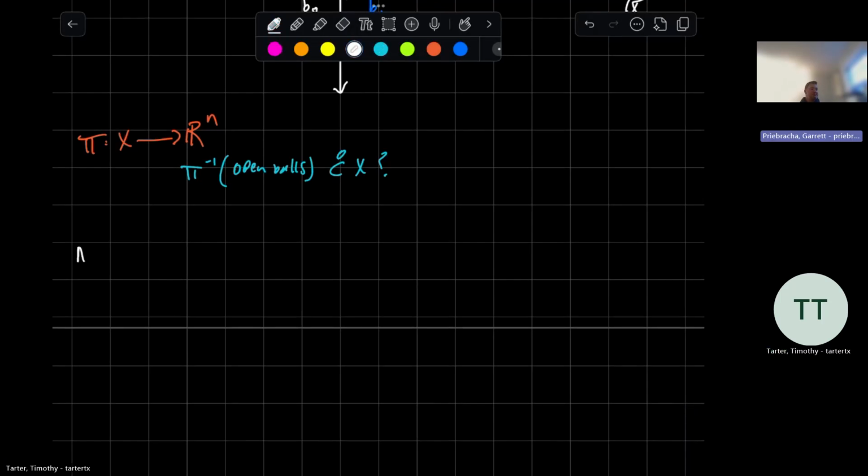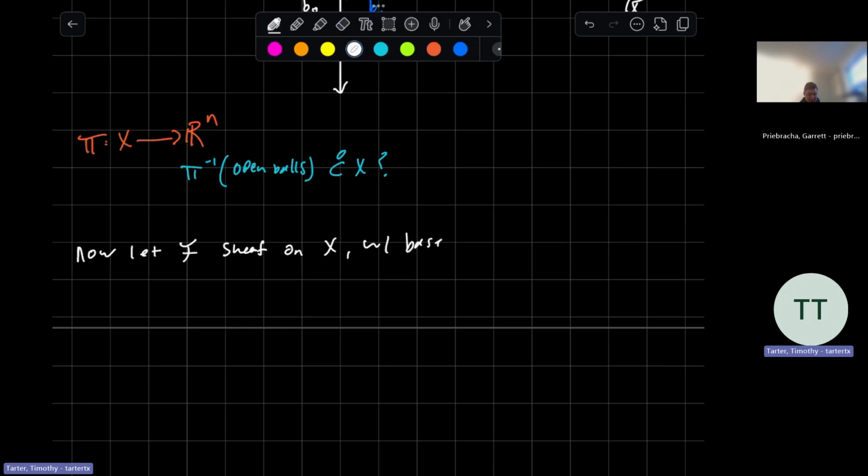Now let F be a sheaf on a topological space X with a base B_i, or we'll just go with beta_i, that's fine.